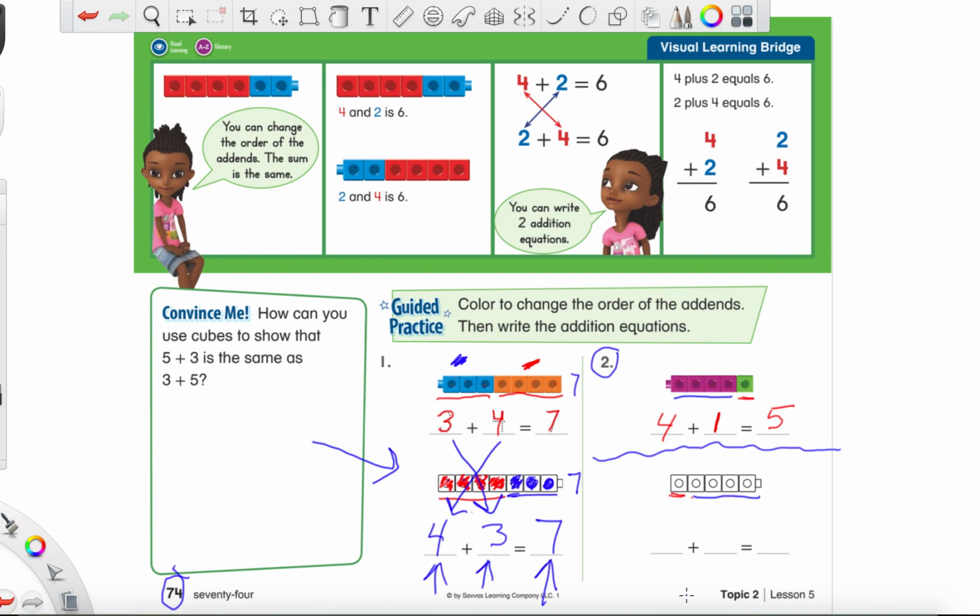All right, did you give it a shot? Okay, if you're still working, pause the video, okay? Until you're ready. Just hit that space bar if you need to.